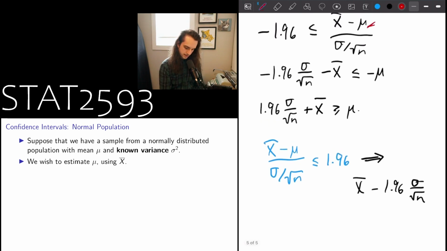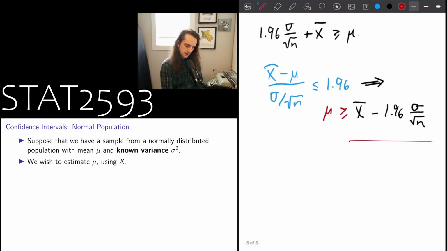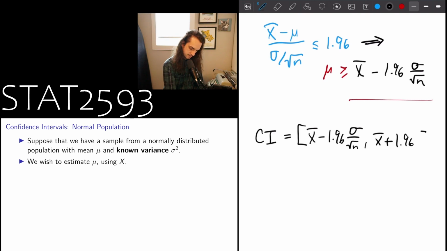This will be our lower bound, which has to be less than or equal to mu. So all of this comes together, and the confidence interval is x bar minus 1.96 sigma over square root of n, x bar plus 1.96 sigma over the square root of n.